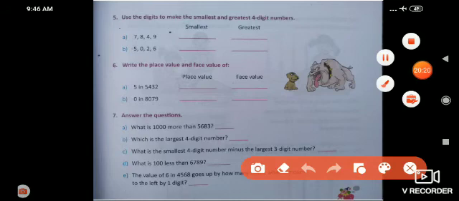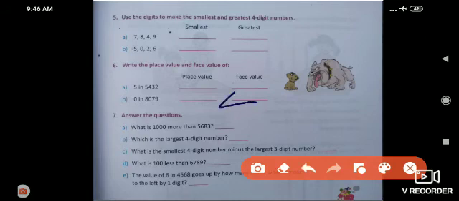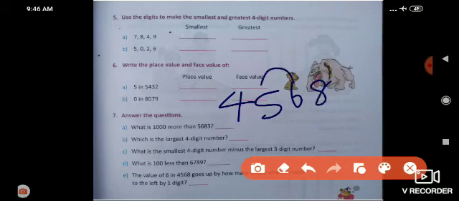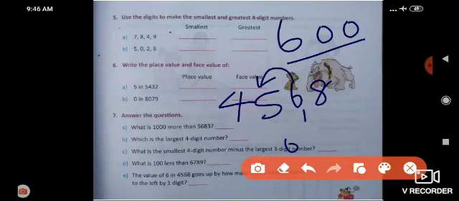Once again I repeat. See children, the number is 4568. To move left, you are moving 6 to the hundreds position. Now the place value of 6 becomes 600. Previously it is 60. See how many times it moves? Only one 0 difference, right?